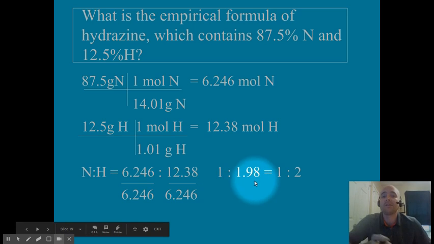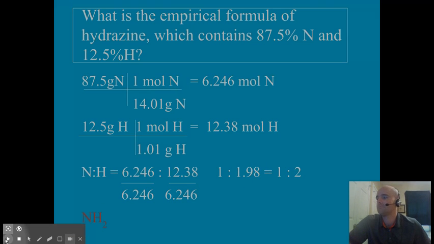This will approximate to a 1 to 2 ratio. My answer will be NH2, because there is one nitrogen for every two hydrogen atoms.